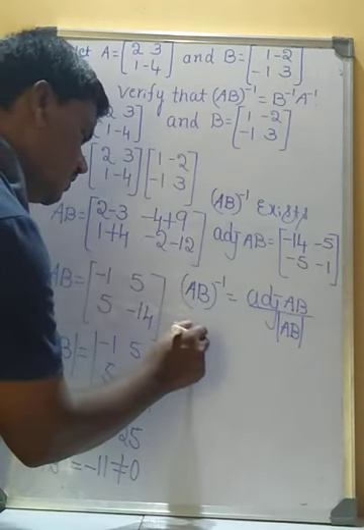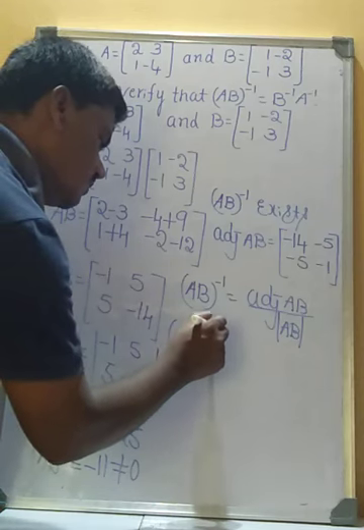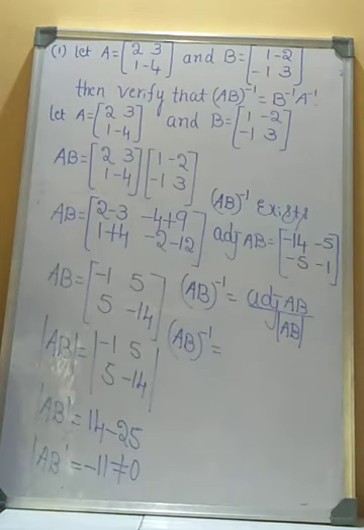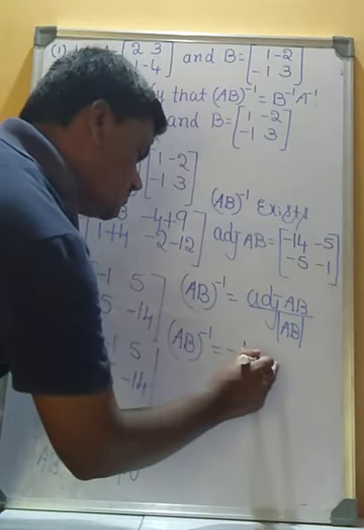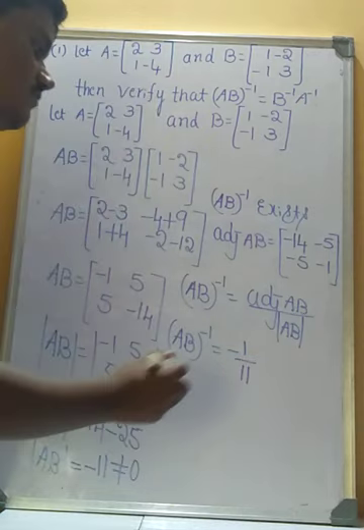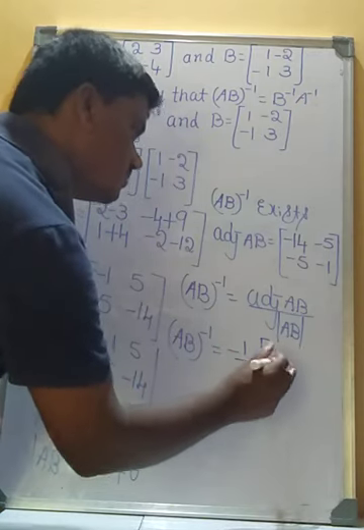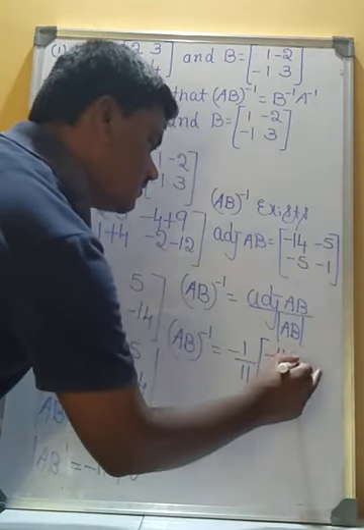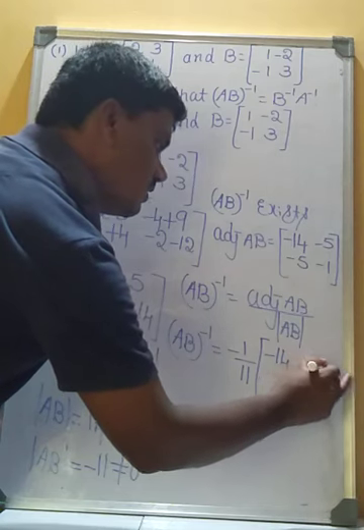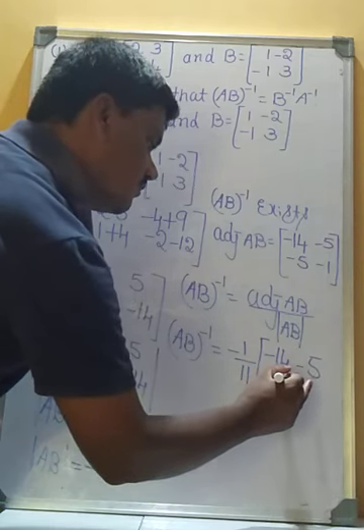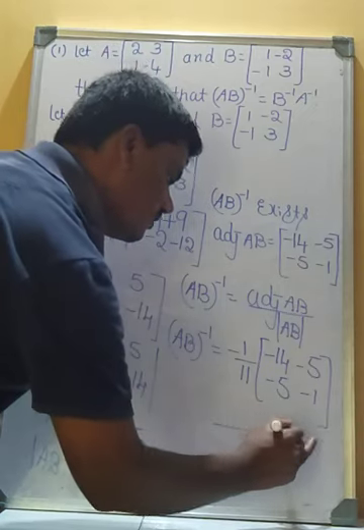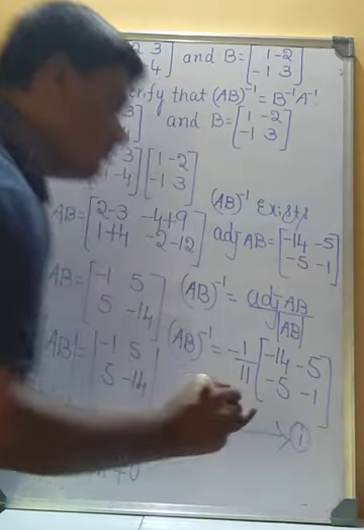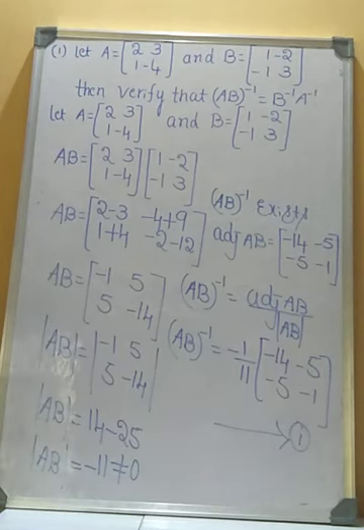Therefore AB inverse is equal to minus 1 divided by 11 into adjoint AB, [-14, -5; -5, -1]. So call this equation number 1, AB inverse.